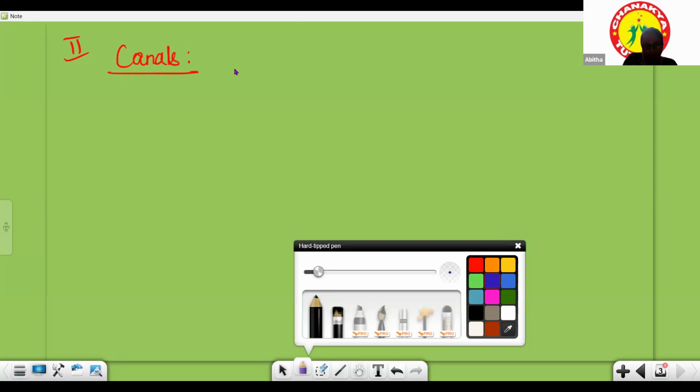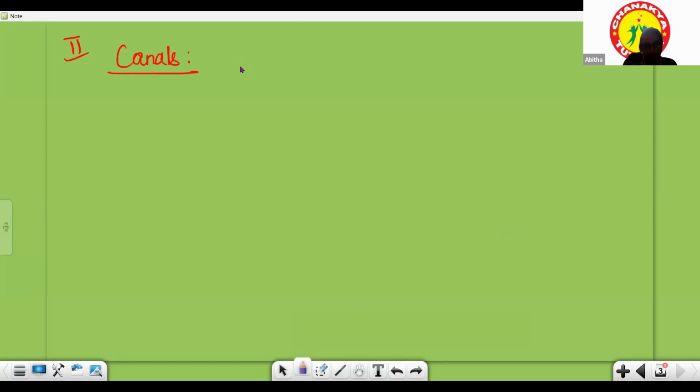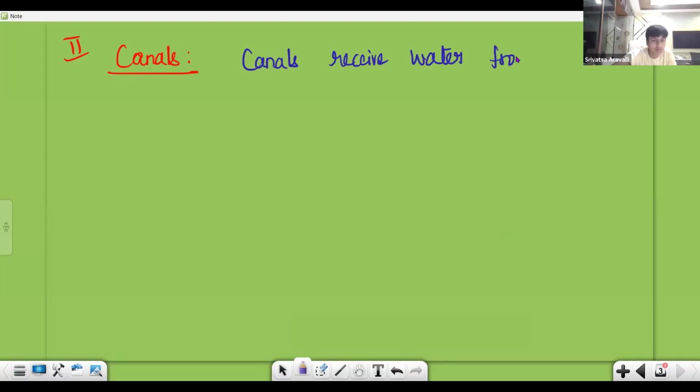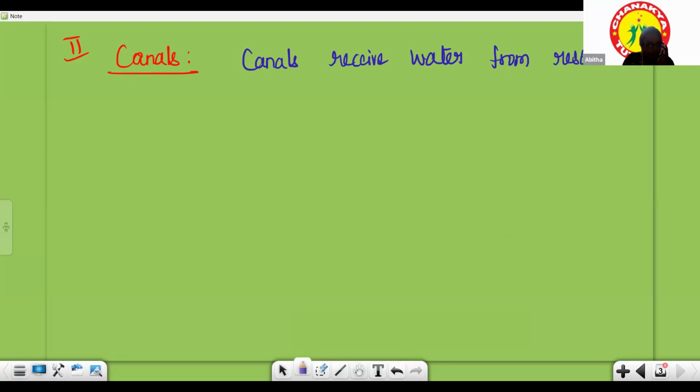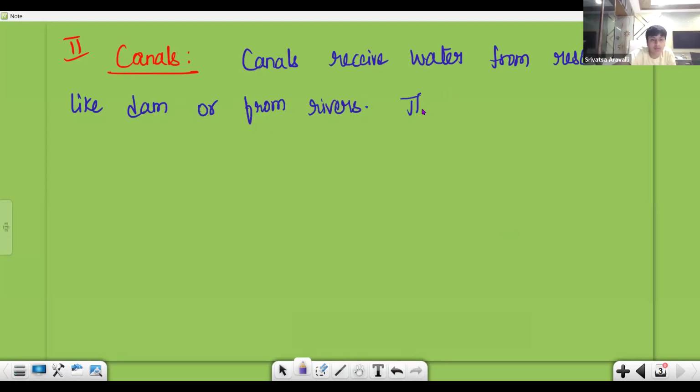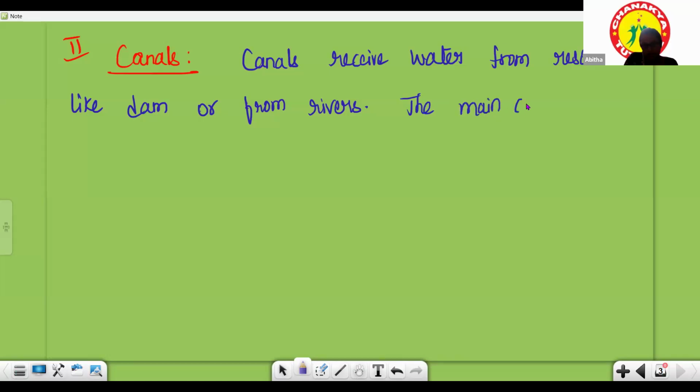In this system, canals receive water from reservoirs like dam or from rivers. The main canal is divided into other branch canals.